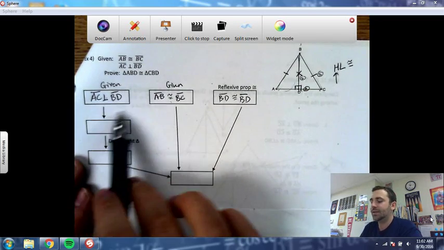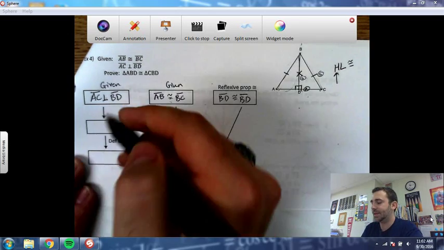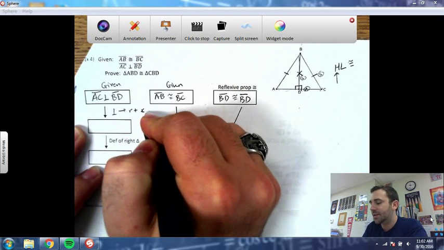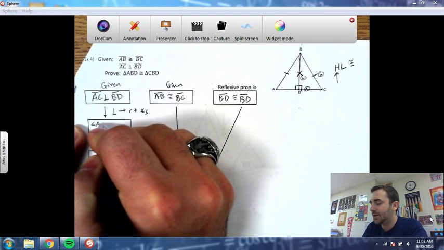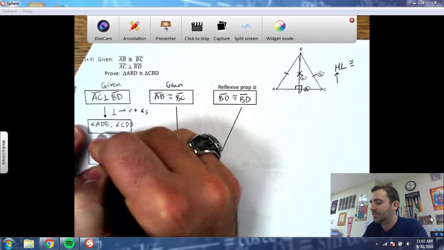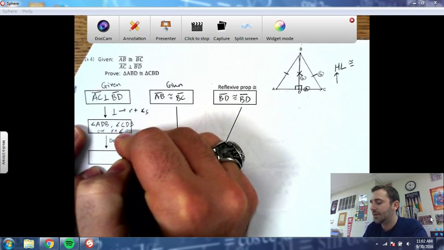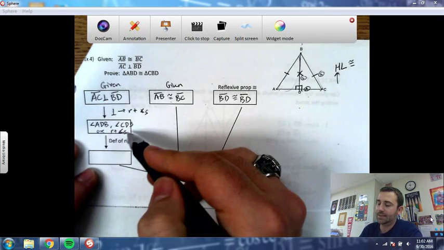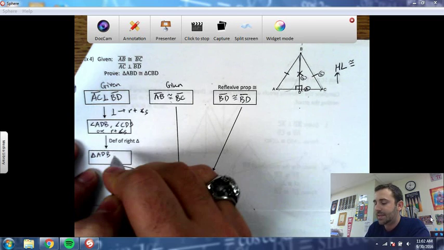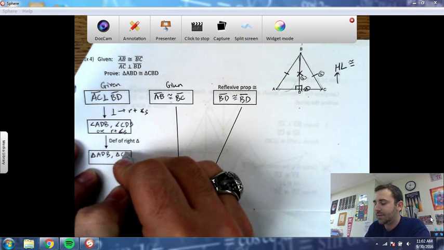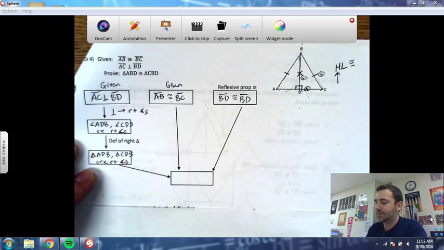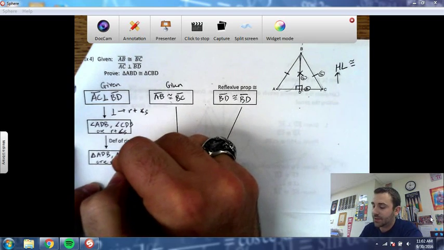So let's keep going with our perpendicular. The perpendicular definition says that perpendicular gives me right angles, so I'm going to state that angles ADB and CDB are right angles. Definition of right triangle tells me that triangle ADB and triangle CDB are right triangles.